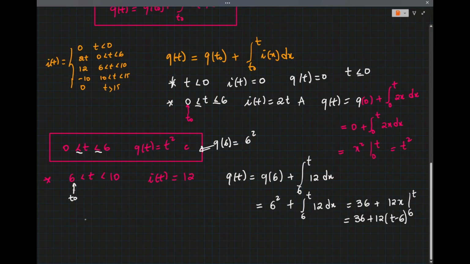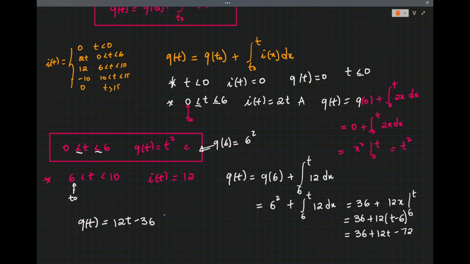So Q of t for this interval, let me write this, is 36 plus 12t minus 72. So that gives me 12t minus 36. So cool. Okay, so that is for 6 less than t less than 10, right?